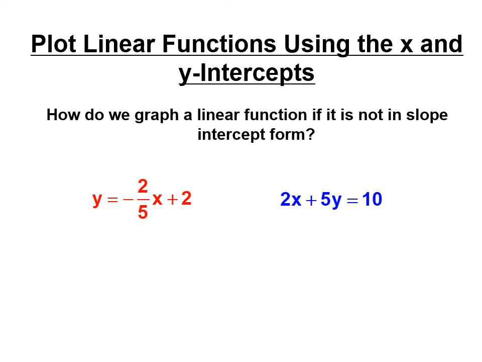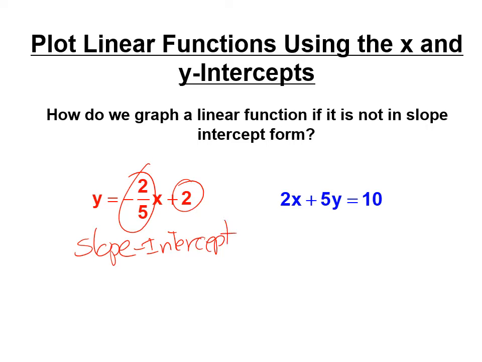Right? So those remind you, what's the one on the left? That's slope-intercept form. Why do we call it that? Because there's the slope. There's part of the y-intercept. What's the one on the right called? It's called standard form. Standard form is in the form ax plus by equals c.